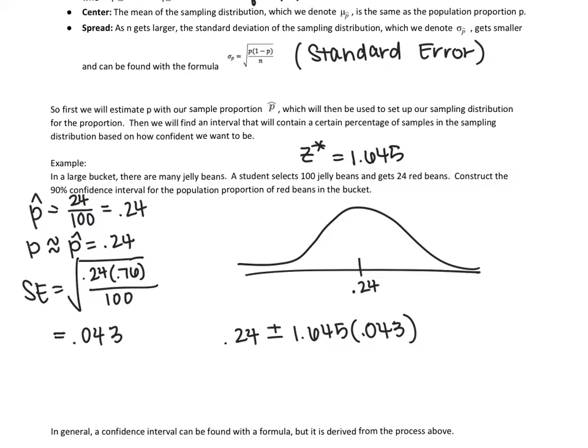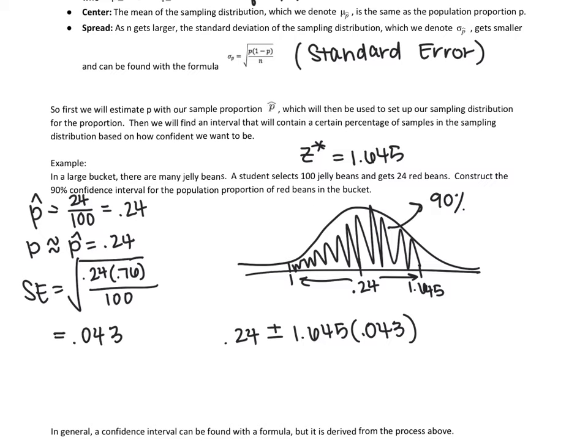So when we're looking at the normal distribution, if we want to contain the 90%, we go 1.645 away from our mean. And then the area we've shaded is our 90% confidence interval.